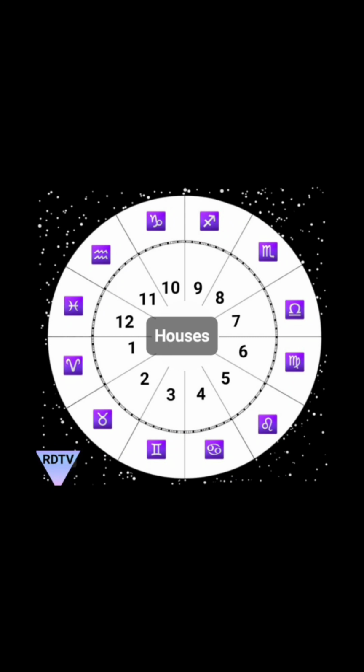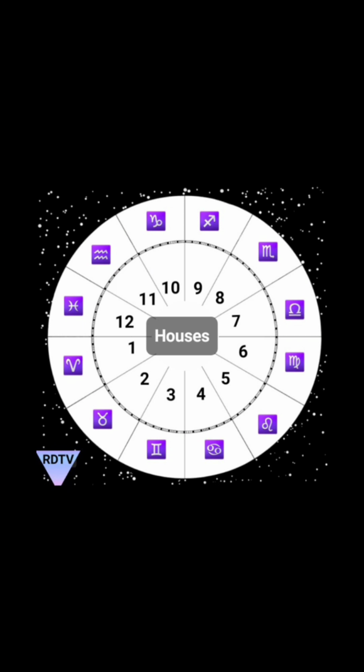starts with their own zodiac calendar, and this would be Aries. Okay, so when you're looking at your chart and the first house is in Taurus, that first house is always represented by Aries, and then it follows the signs of Taurus, Gemini, Cancer, Leo, and so on and so forth.